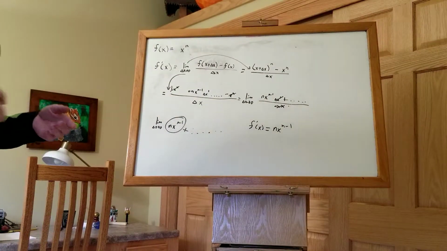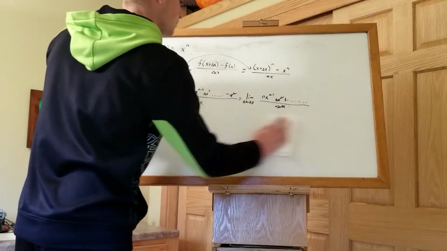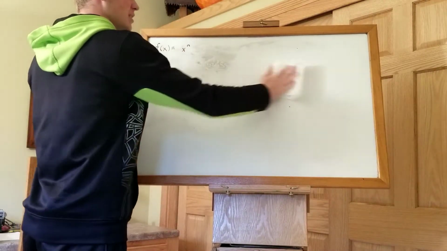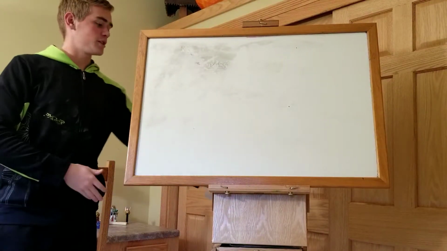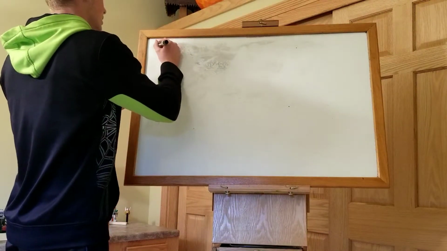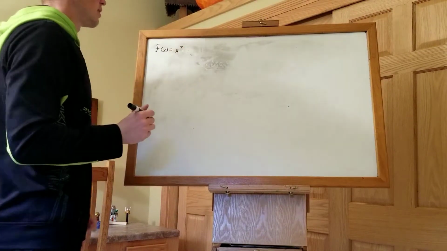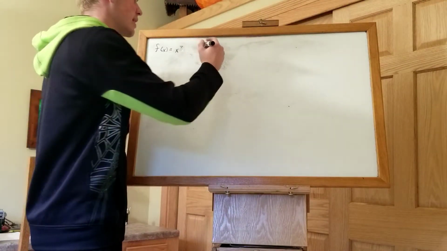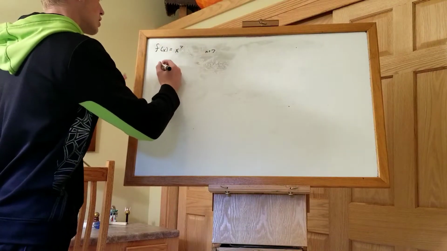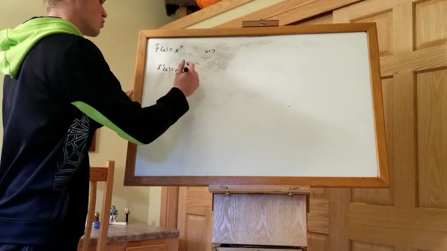So an example of this, just let me erase this real quick. So it's a really powerful theorem, and it helps make finding any derivative go way faster. So an example is, if I had f of x equals x to the 7th, in this circumstance, n would equal 7 because the exponent is 7. So we know that f prime of x equals n x to the n minus 1.